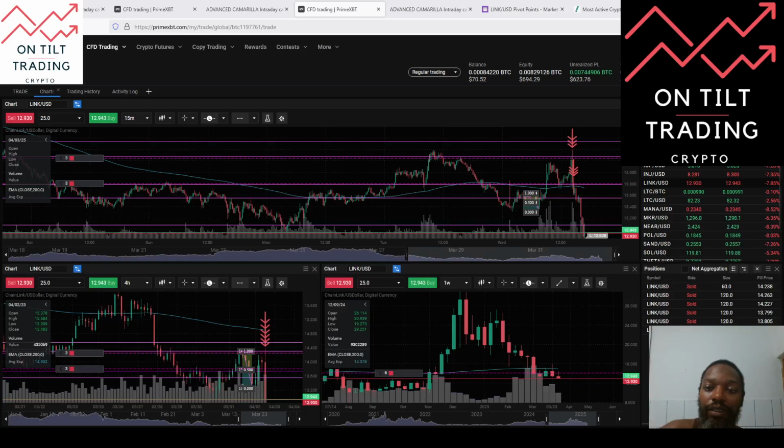So the correlation between the Camarilla pivot position and the 200 EMA across all three time frames got me interested in taking a position in Chainlink. Just needed the rest of the signals to set up.